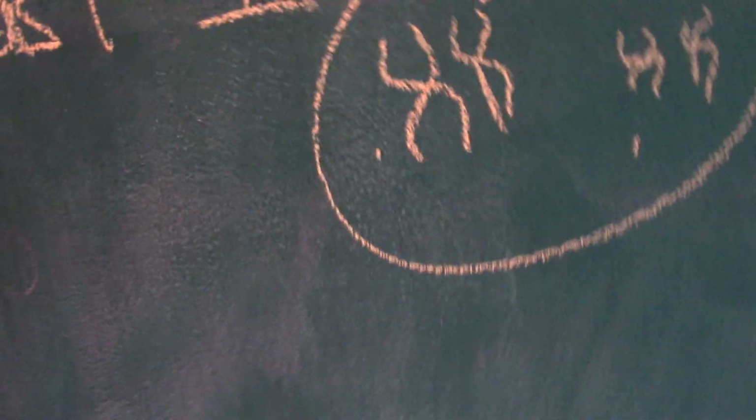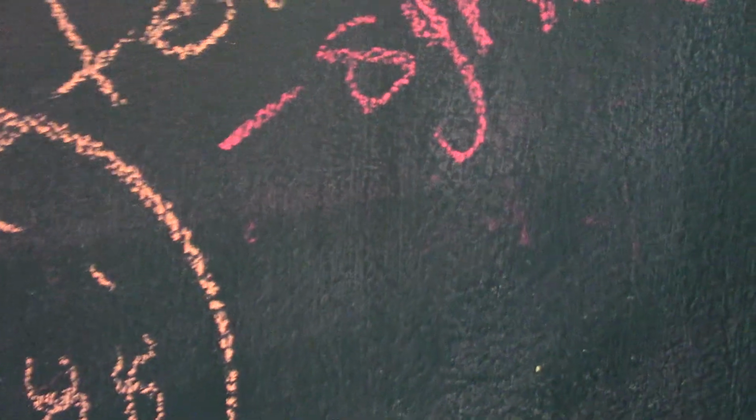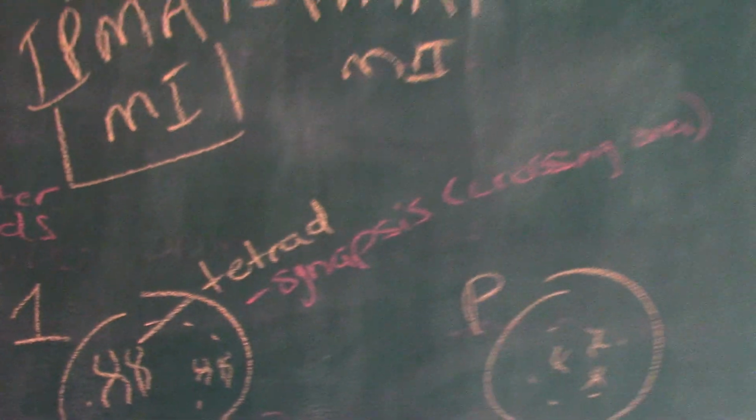The deal with prophase 1 is you have this tetrad, and then this thing called synapsis happens. We also call this crossing over. If I look at my notes, this is synapsis.